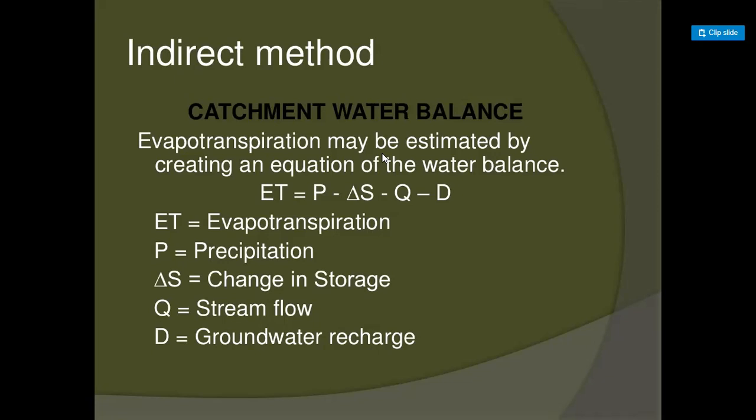The items constituting the supply are surface inflow, subsurface inflow, precipitation, and imported water. The items constituting the disposal are surface outflow, subsurface outflow, evapotranspiration, domestic, municipal, and industrial use, exported water, increase in surface storage, and increase in groundwater storage.